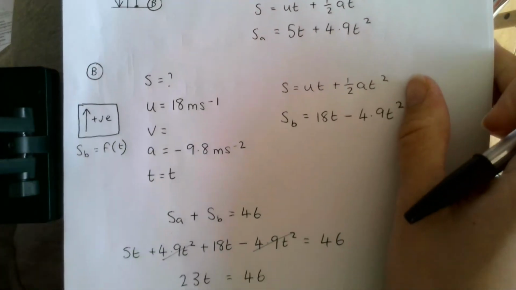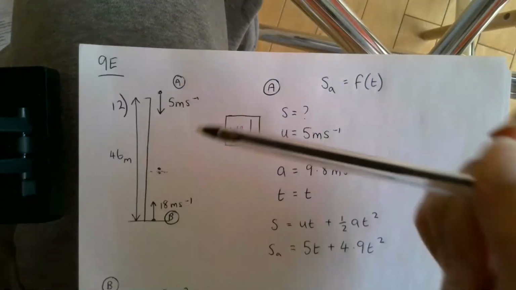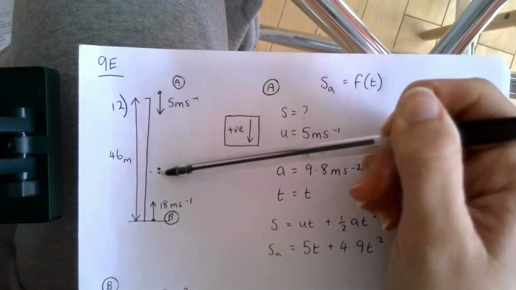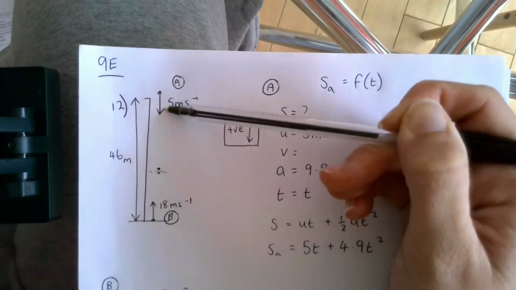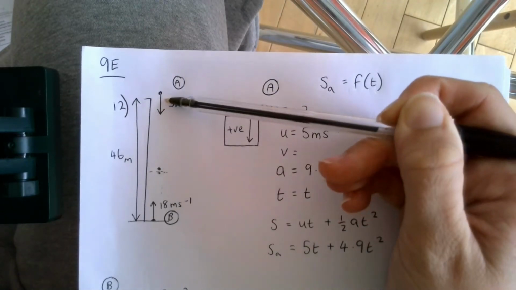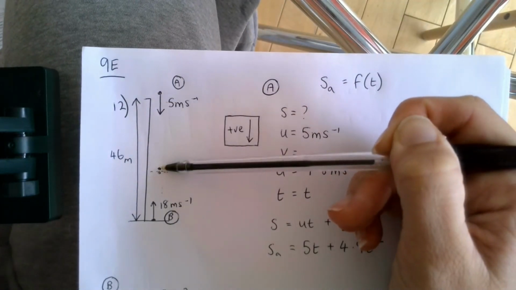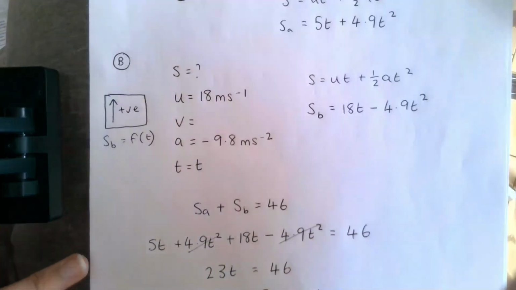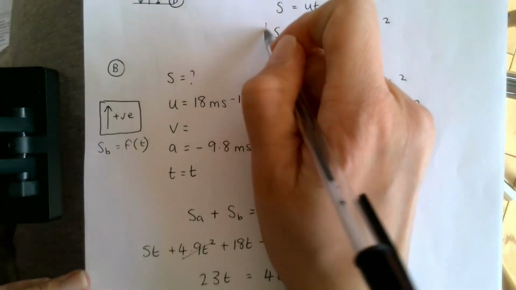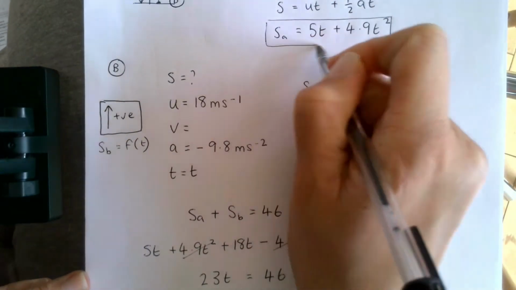And we're not quite finished because the question asked for the distance between the top of the tower and the collision point. What it's really asking for is the displacement of A at the collision point. So how far has A travelled to the collision point? That will be the distance from the collision to the top of the tower. So I can sub straight into the displacement of A formula that we found earlier.